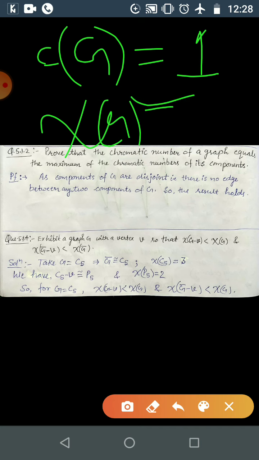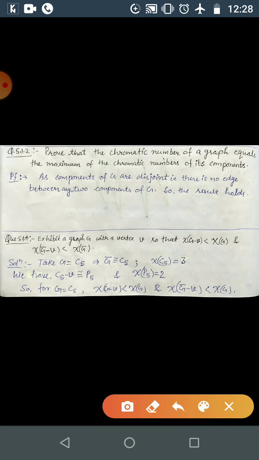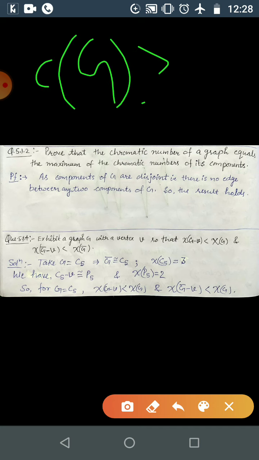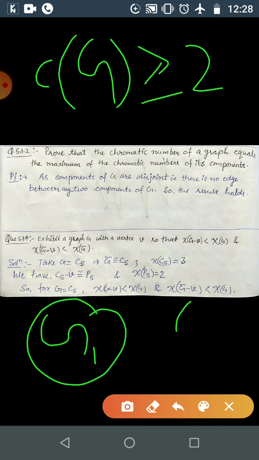So that's done. Now we can consider G disconnected, meaning the number of components is at least 2. So we have G1 here, G2 here, G3, G4 and so on. For simplicity I am just taking 2. So the chromatic number of a graph equals the maximum of the chromatic numbers of its components.